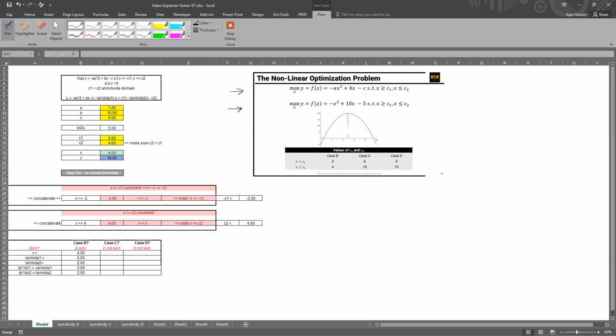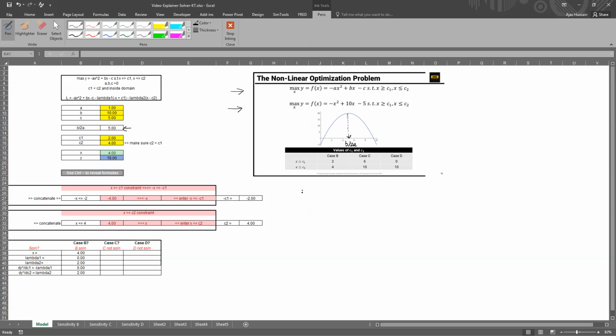Let's start with case quote unquote B, where C1 has to be 2 and C2 has to be 4. So you can see that if you were to work out the unconstrained solution, that would be equal to B over 2A. And you can see B over 2A is 5.